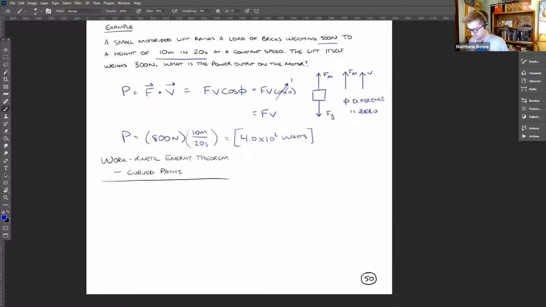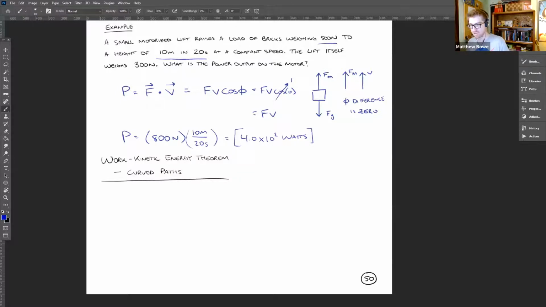We have the work kinetic energy theorem for curved paths. This is the same exact sort of arrangement as a straight path, except now we need to factor in how force may change as something changes its direction.